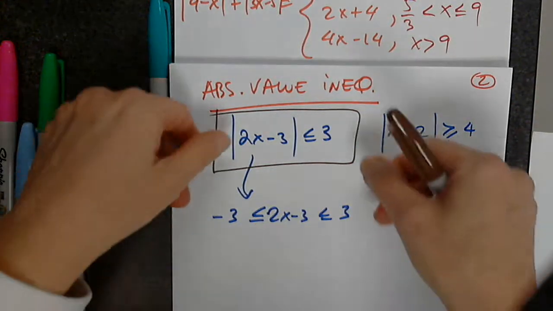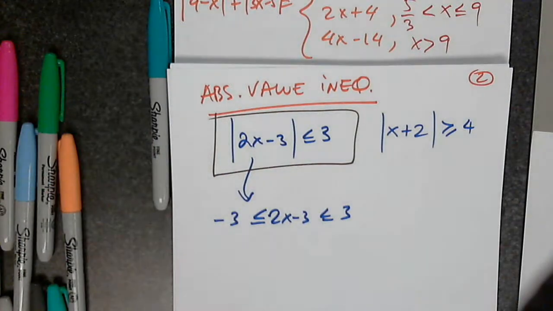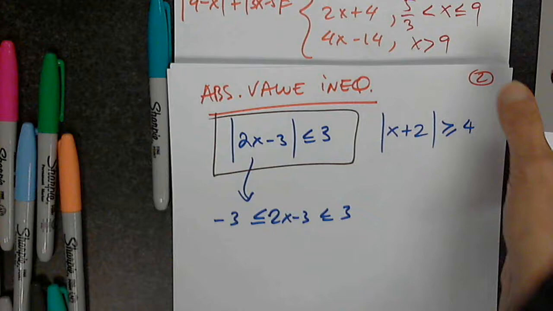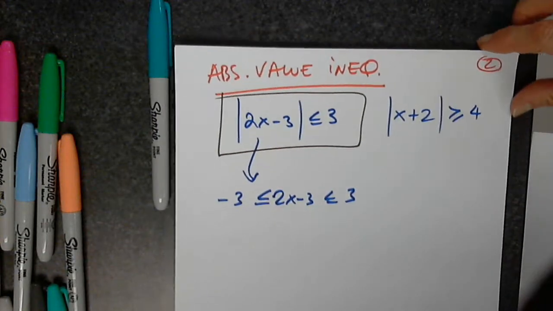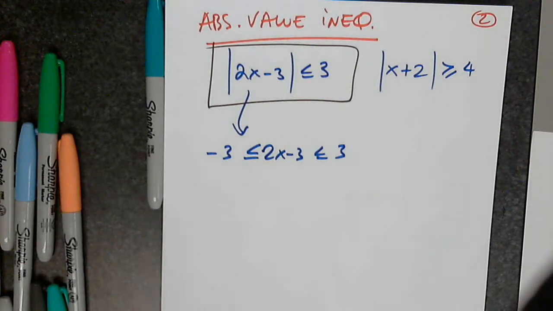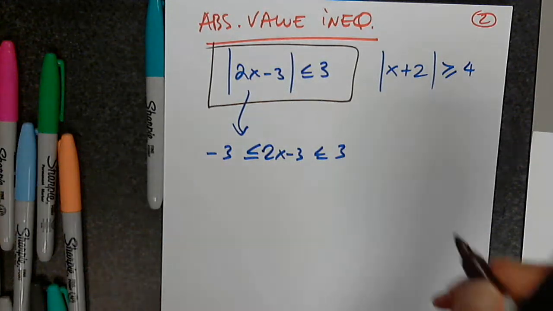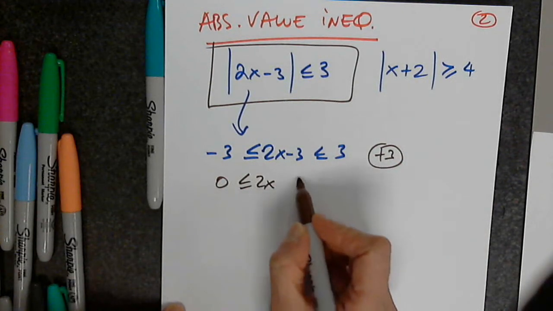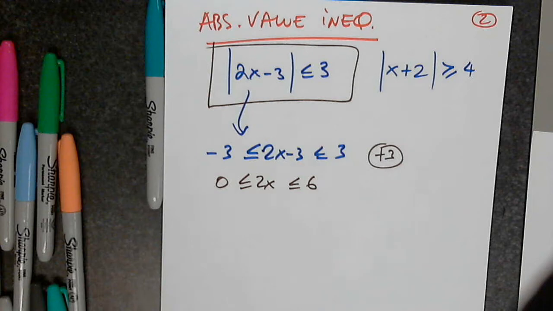But what you can do is change this into this. Solving this is like solving that. And this we know how to solve. This is a compound inequality. What do I do to solve for x? First step, I have to eliminate the weakest link. What is the weakest link? Yes, I'm adding 3 to all 3 sides. Very good. So this is 0, this is 2x, and this is 6.